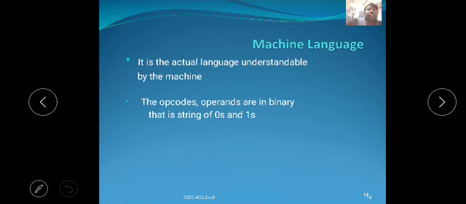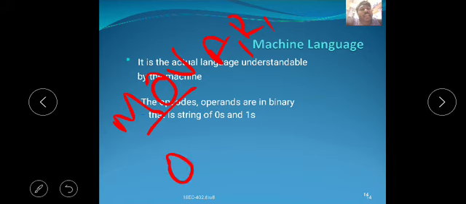For example, in a small program for data transfer, move a comma b, in place of move they use some machine code like 0010. Then in place of register a, they use a code, for example move a comma r1, where move is 0010 and a has 0100 or 1011, something like that.